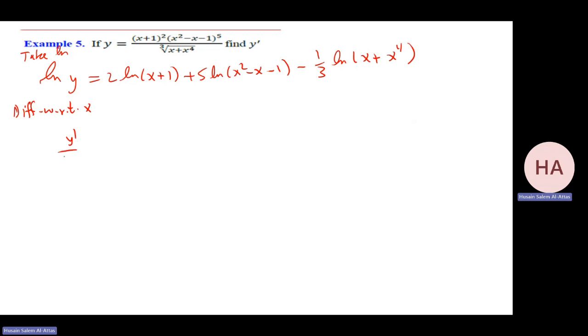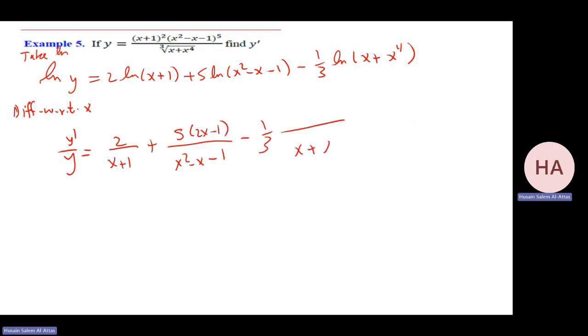I have y prime over y equal 2 over (x plus 1) plus I have 5, here I have (x squared minus x minus 1) times (2x minus 1), minus 1 over 3, I have (x plus x to the power 4), 1 plus 4x cubed. So y prime will be y times all of this, 5, 2x minus 1.